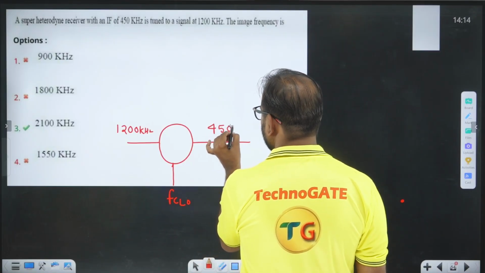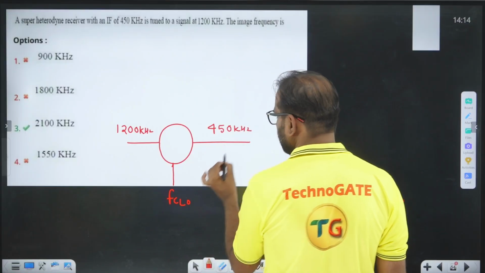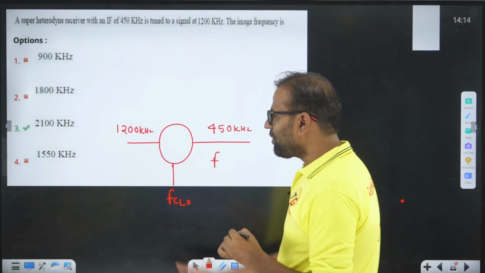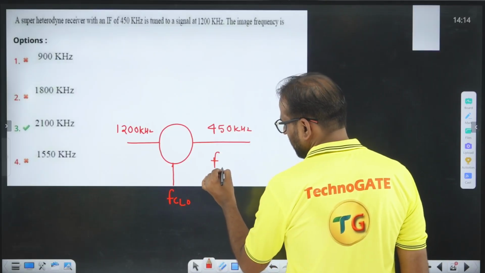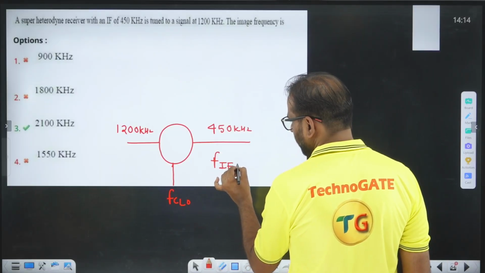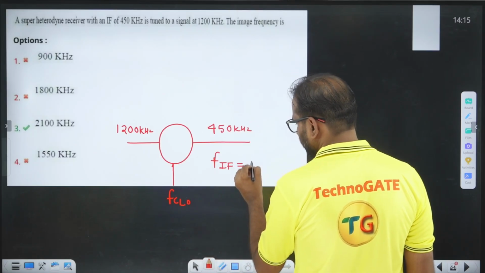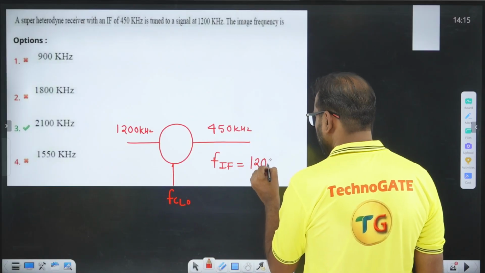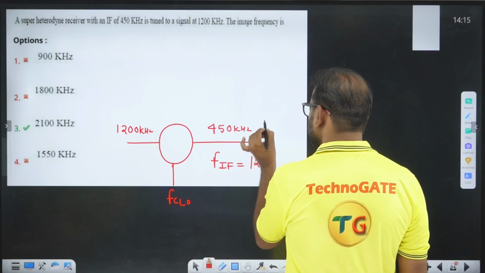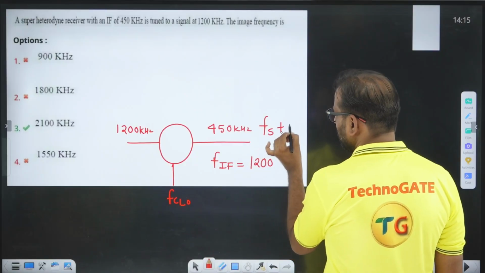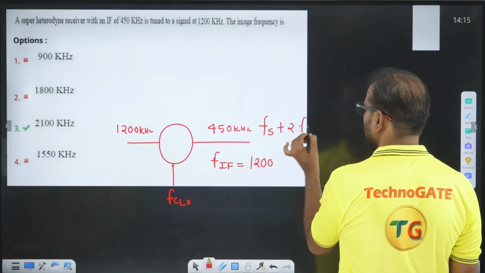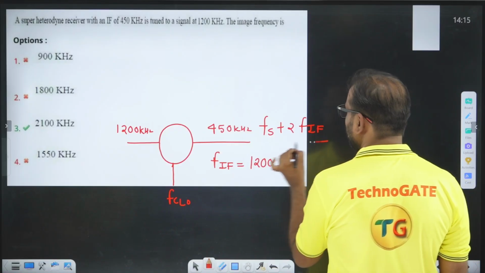So what is the image frequency? Image means signal image. The image frequency is given by the incoming signal frequency 1200 plus 2 times f of IF.